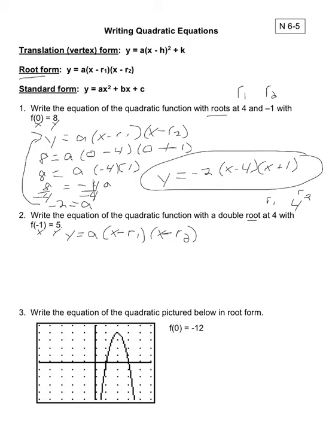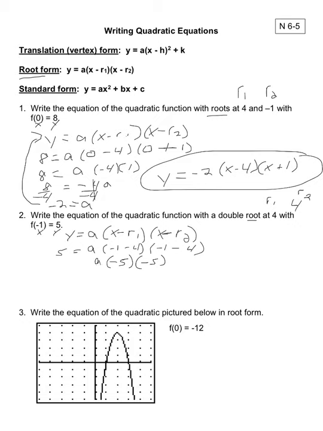So y is 5 equals a, parentheses, x is negative 1 minus my root 1, which is 4. And then again, x is negative 1 minus my root 2, which is also a 4. Now I clean up the two sets of parentheses. So negative 1 minus 4 gives me negative 5. Same thing in the second set, negative 5.